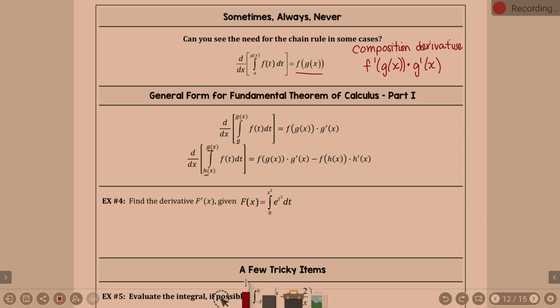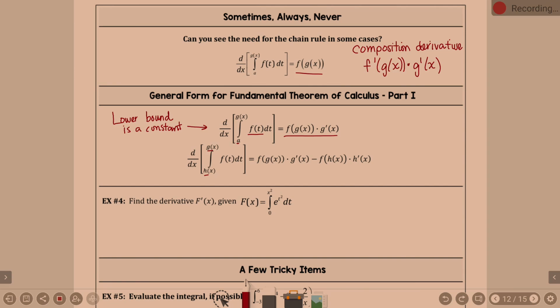With that in mind, let's see this top one, when the lower bound is a constant. That's what we already know, because when you're doing the derivative from a constant to a function, you plug the function in, so it's plugging g of x into f. So it's f of g of x, but then you have to remember to do the derivative of the inside, so g prime of x.